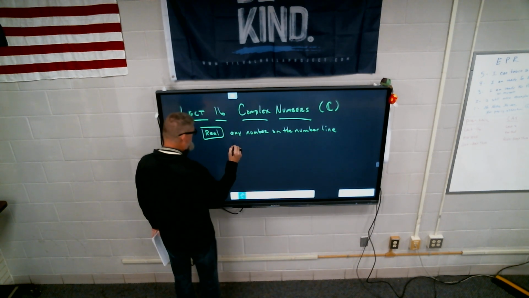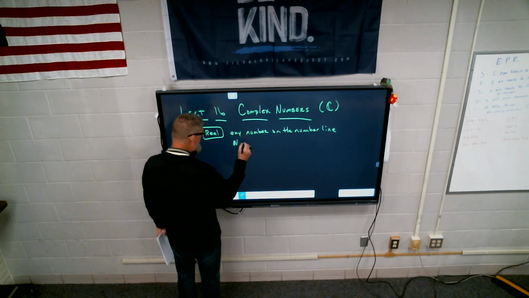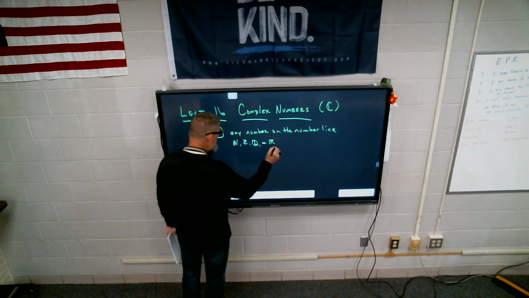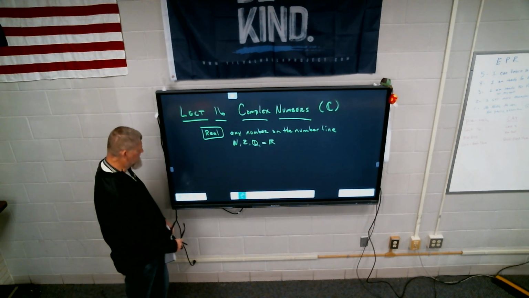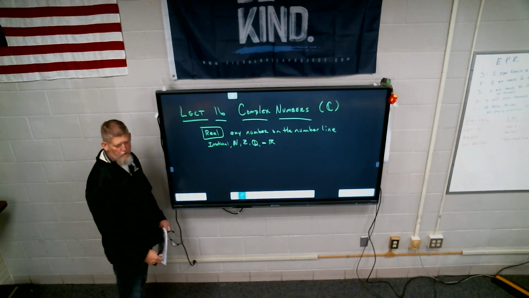It includes natural, it includes integers, it includes rational, it includes basically all real numbers. Rational and irrational. I should have put irrational in there. There's no little symbol for irrational, so we just have to write it out. Irrational. So all those things are real numbers.